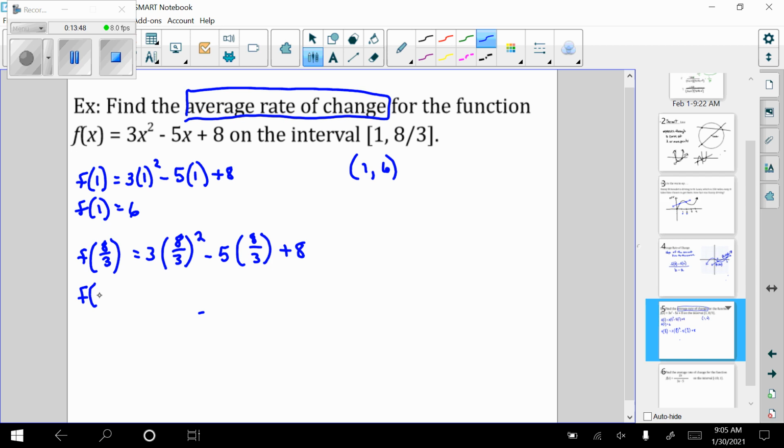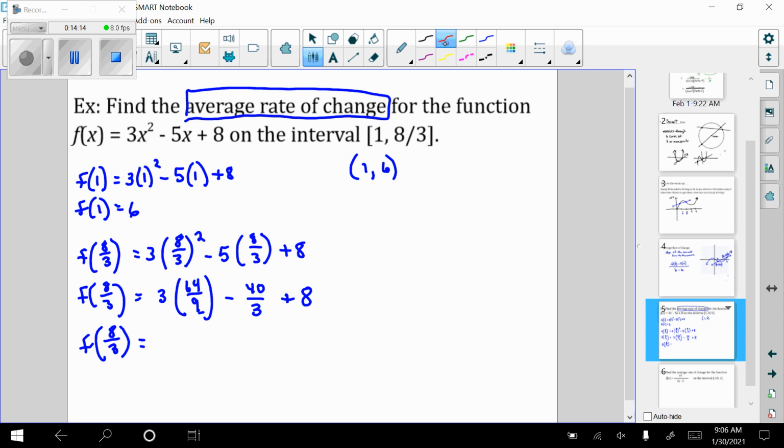So f of 8 thirds is going to be 3 times 64 ninths minus 40 over 3 plus 8. Notice how I'm showing my work. F of 8 thirds, and I'm not using decimals, I'm using fractions for exact values.